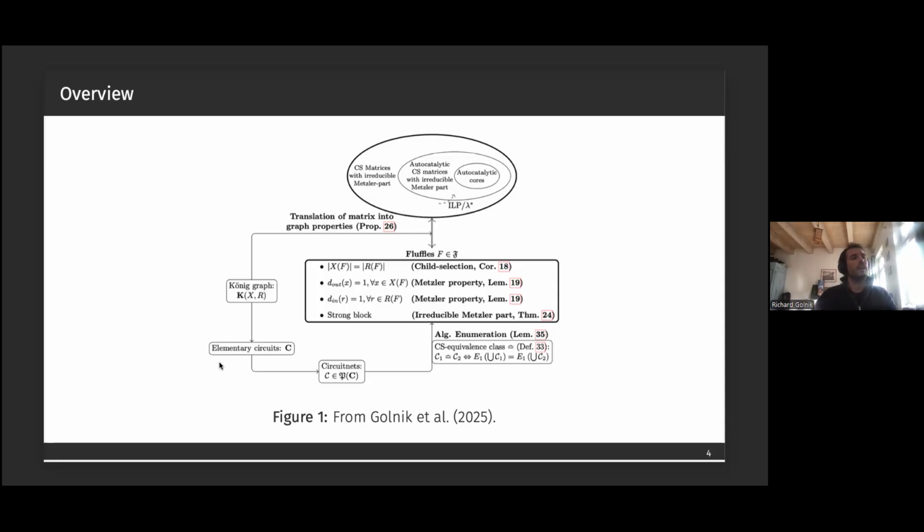Then we can find those circuit nets that yield a fluffle efficiently by using an equivalence relationship. This is a child selection equivalence relationship, which is defined on the reactant-to-reaction edges. I'm going to explain this in more detail later on. But this is what I want to do in this talk.